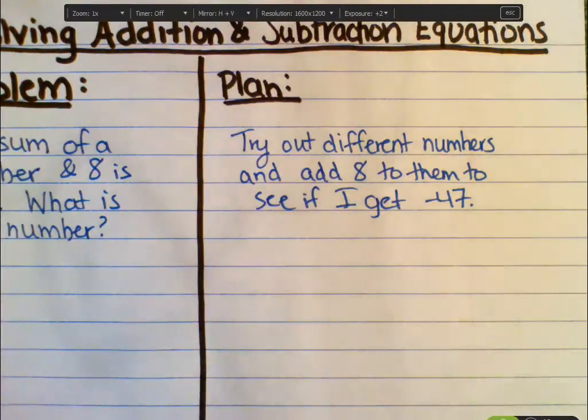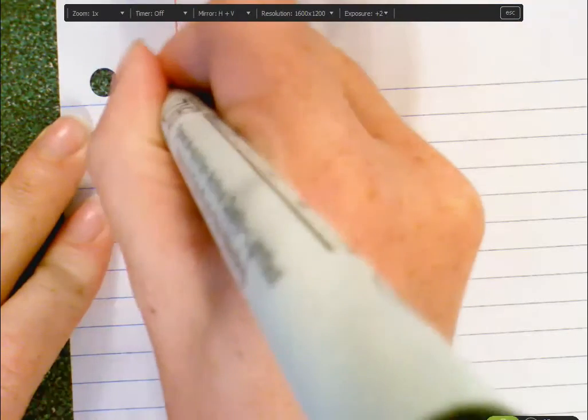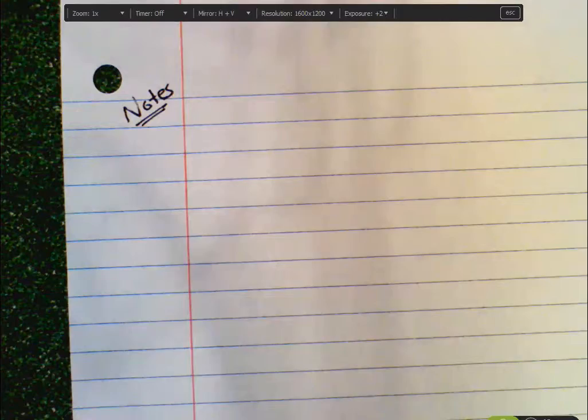Right. You can grab your next sheet of paper, and these are going to be our notes for the day. So if you want to go ahead and write in the corner here, these are our notes. Okay. And you're going to fold your paper into 4 parts like normal.